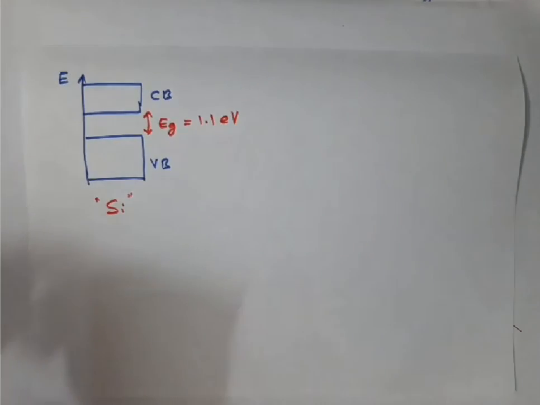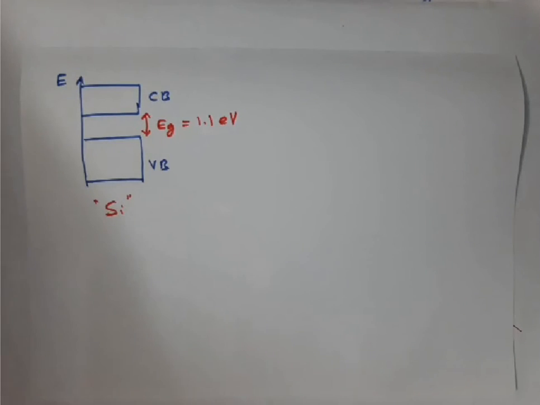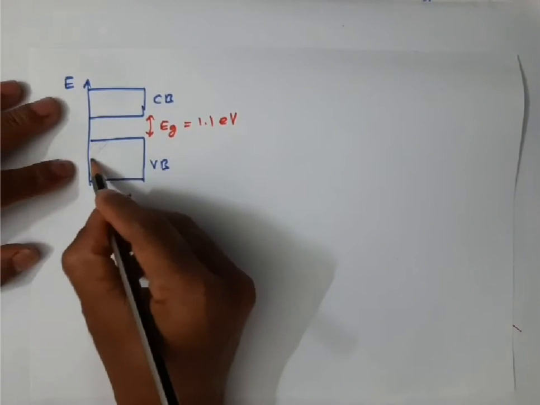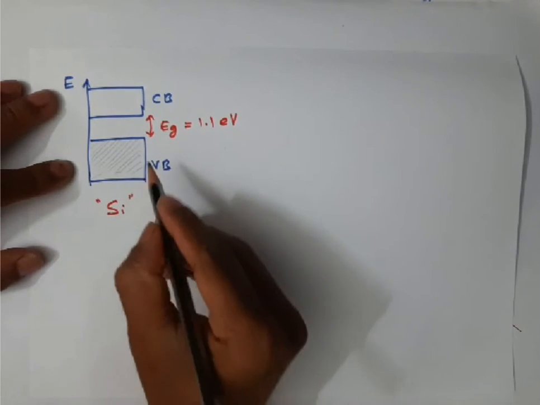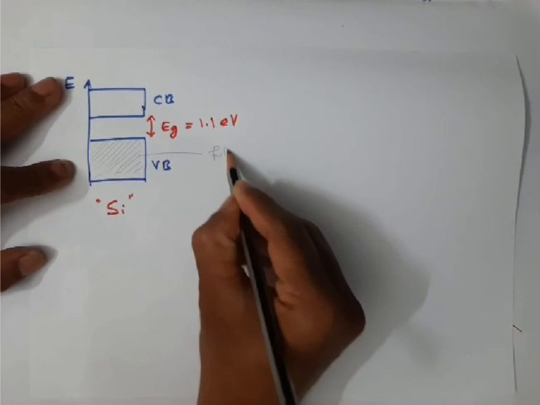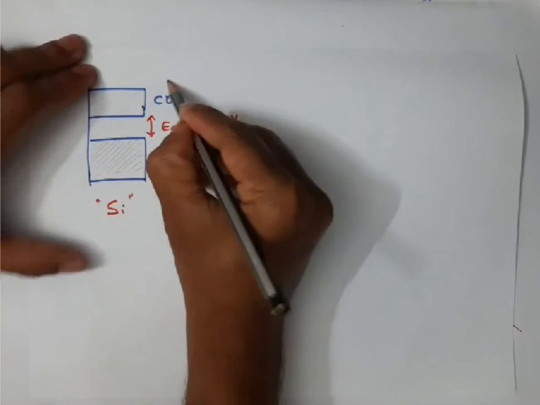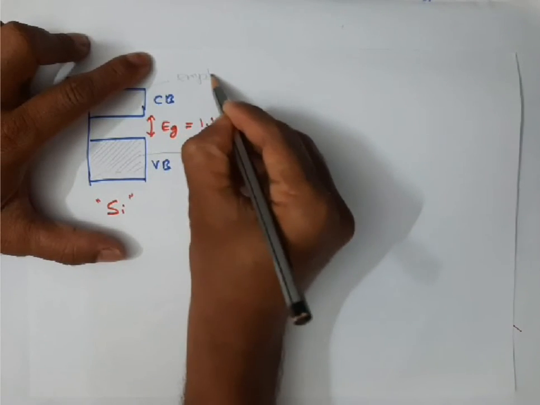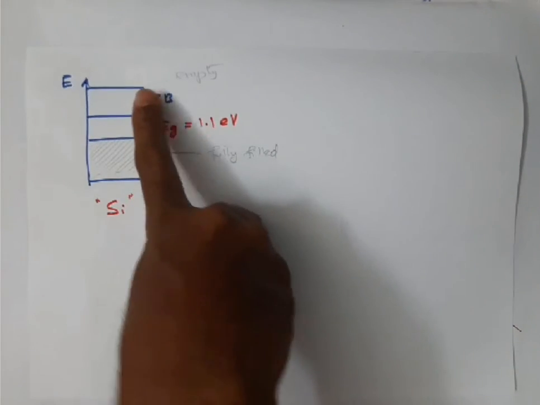At 0 Kelvin, as I also told you, the valence band is fully filled in silicon, and the conduction band is fully empty.